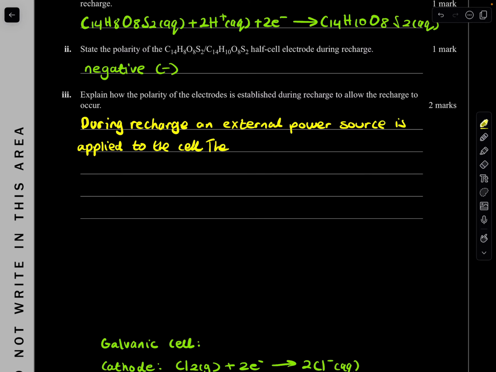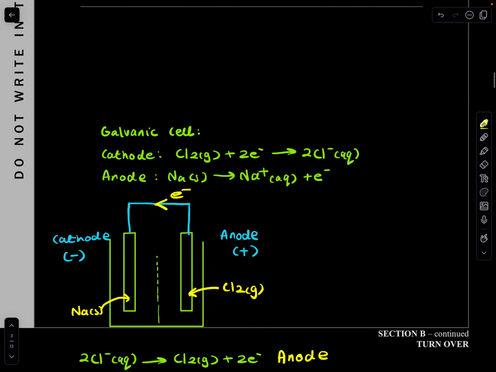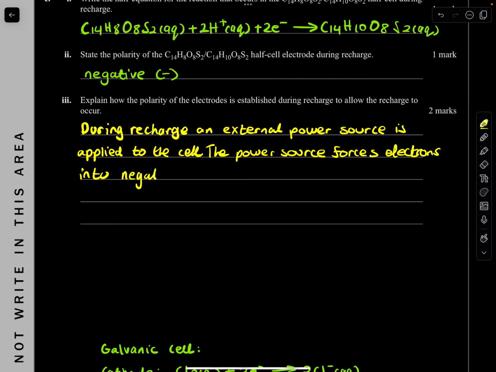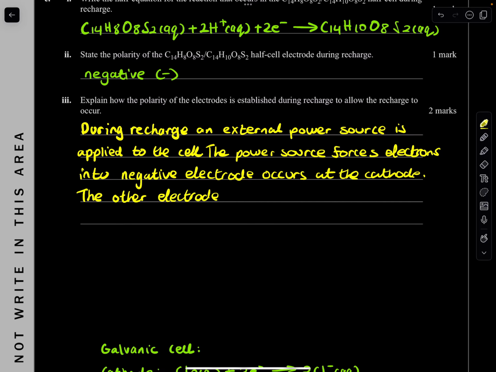The power source forces electrons into the negative electrode, hence reduction occurs at the cathode. The other electrode is where oxidation occurs.